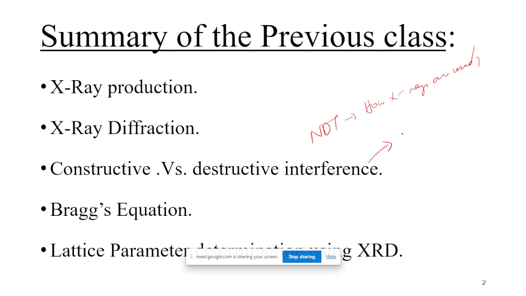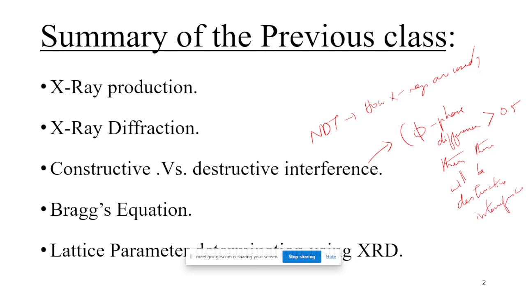Constructive and destructive interference. If the phase difference is greater than 0.5, then there will be destructive interference. Say we have a wave like this. This is half of the wave, and this is the other half.